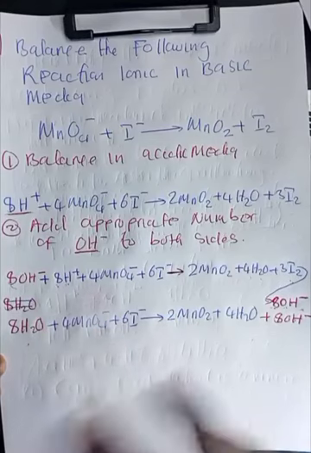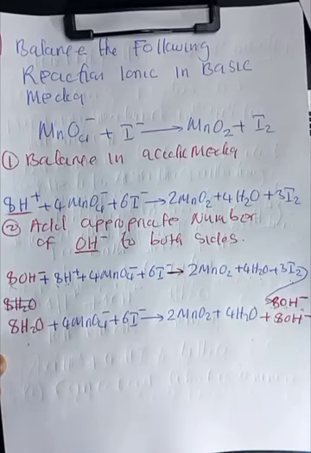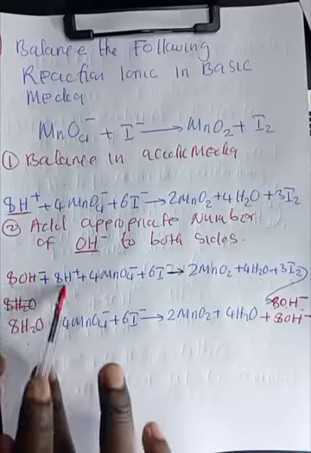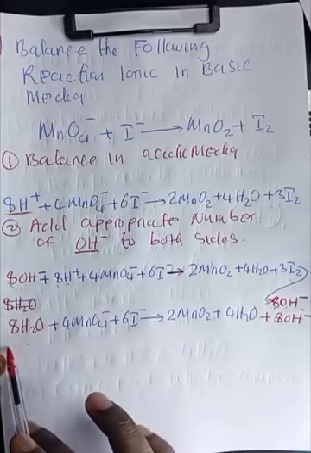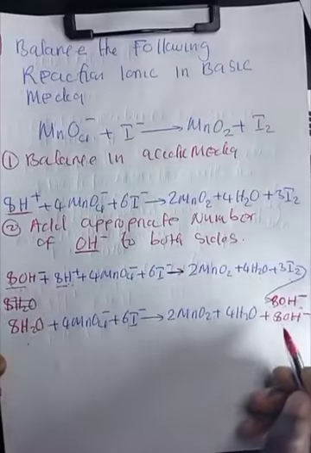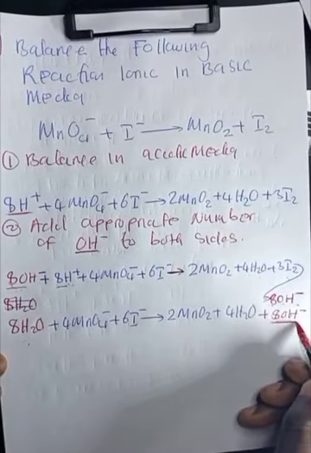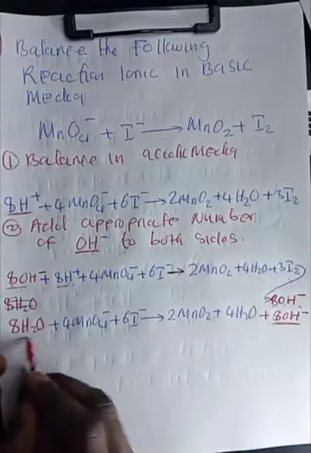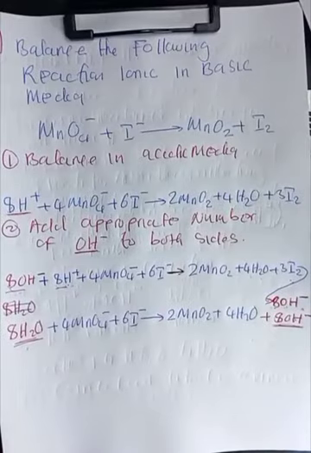When you add hydroxide ion, on one side we can form water because hydroxide and hydrogen are partners. On this side, the hydroxide has no partner, it will remain single. Then we check what is common and cancel out what appears on both sides.